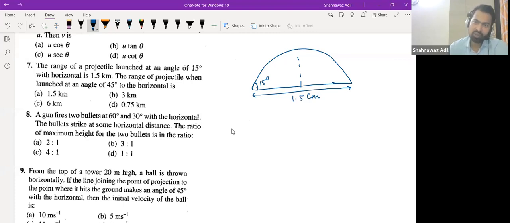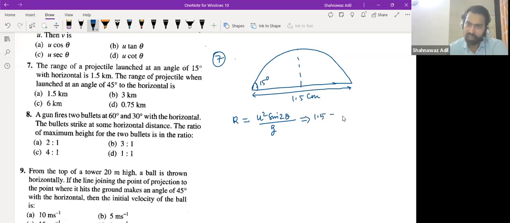So what do we know? We know that range X is u square sine 2 theta by g. This we know, and it is given that this is 1.5.